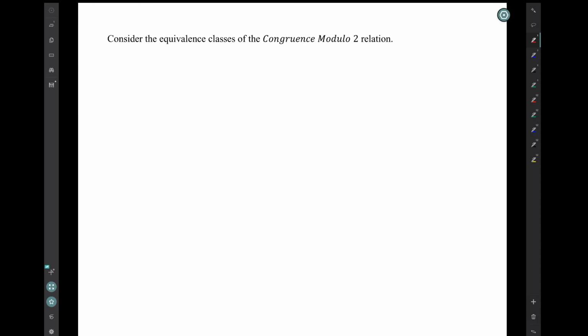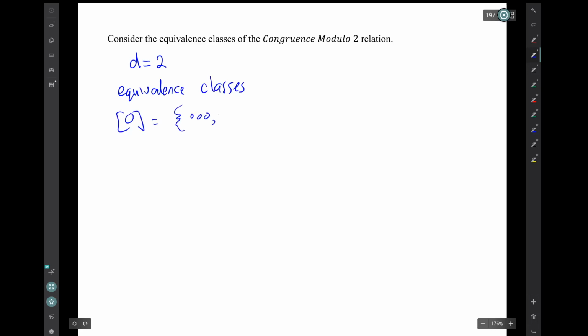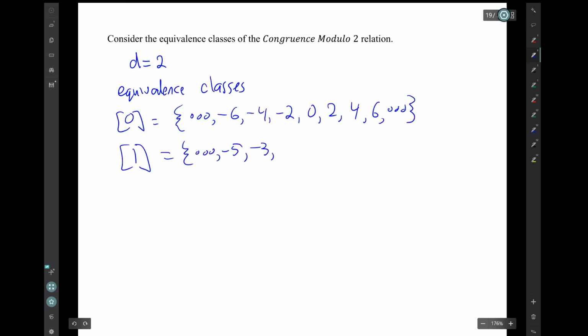Well, that would be these equivalence classes. Just those two distinct equivalence classes. Notice that the first equivalence class is the even integers. And the second equivalence class, the equivalence class of the number 1, is the set of odd integers.